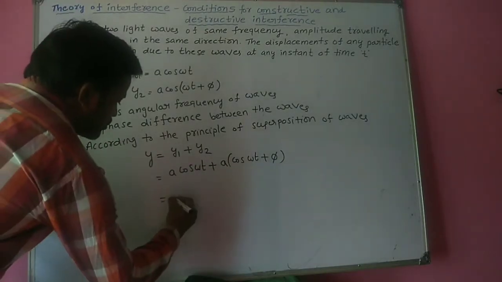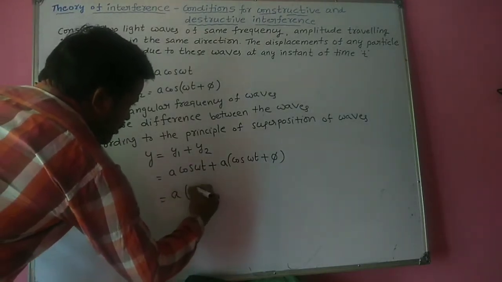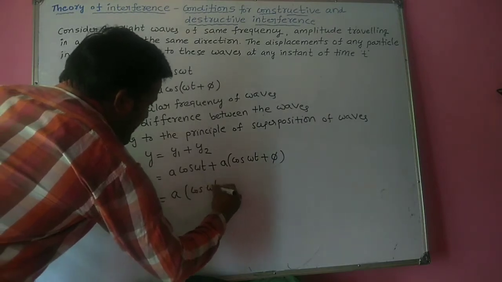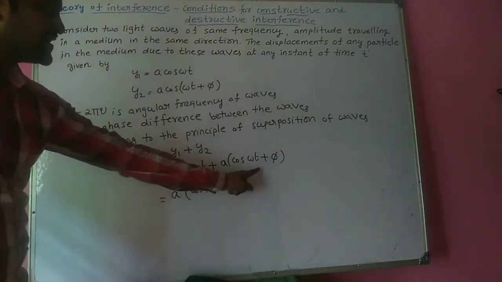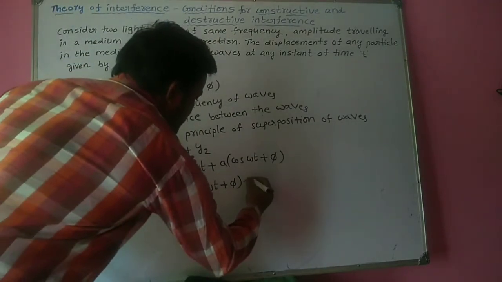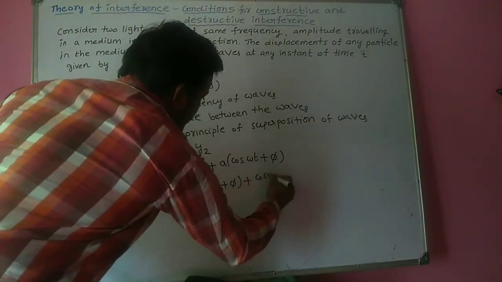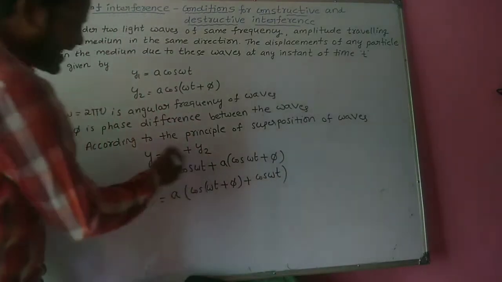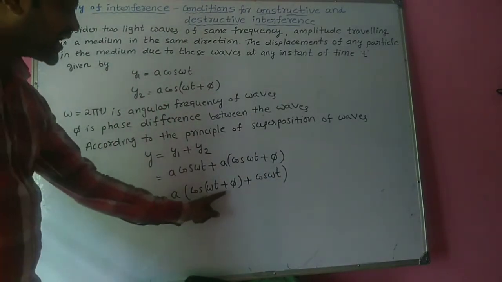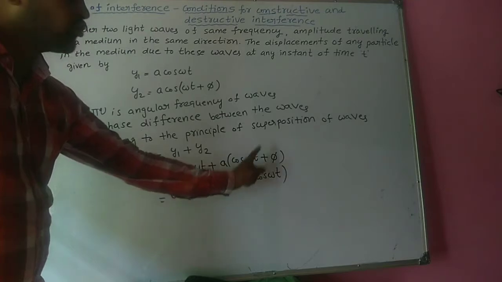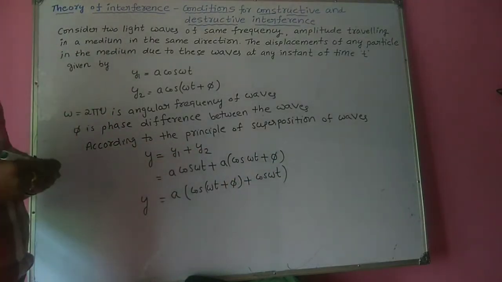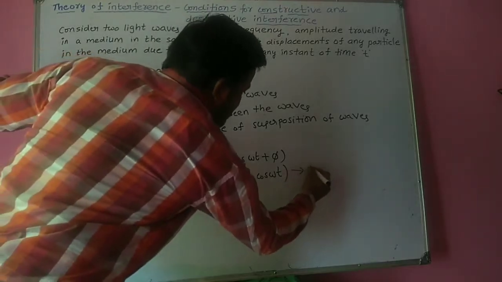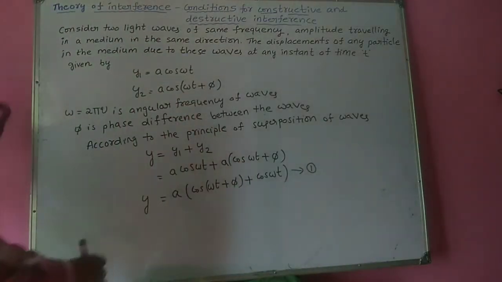So now that is equal to a, first writing this term here, cos (omega t plus phi) plus cos omega t. After taking a common, we get a [cos (omega t plus phi) plus cos omega t]. This is the resultant displacement y. That will be equation number 1.